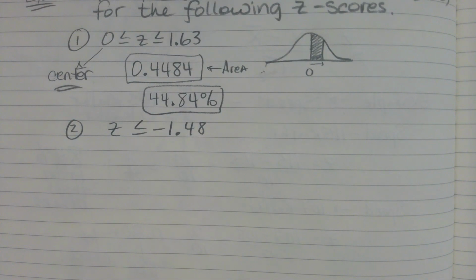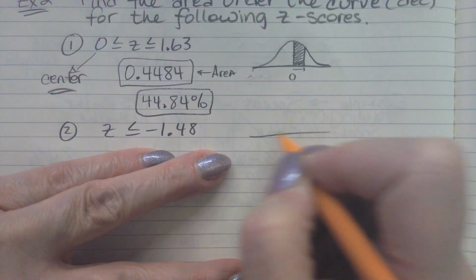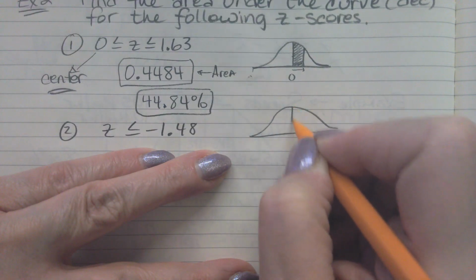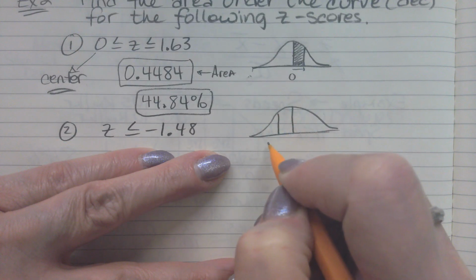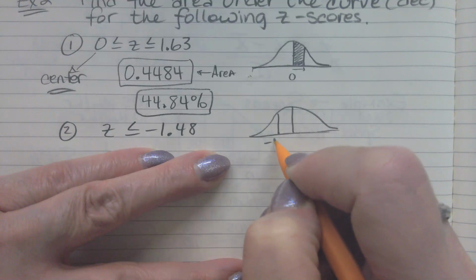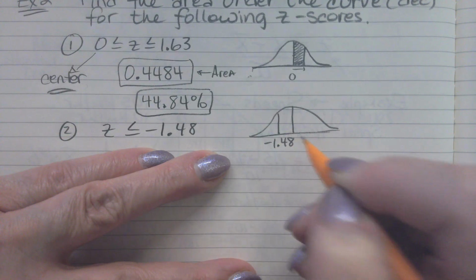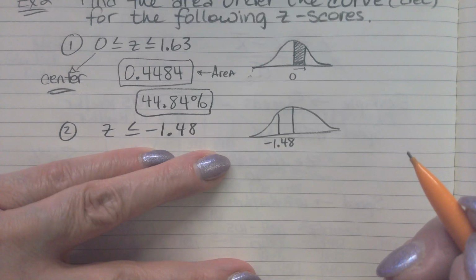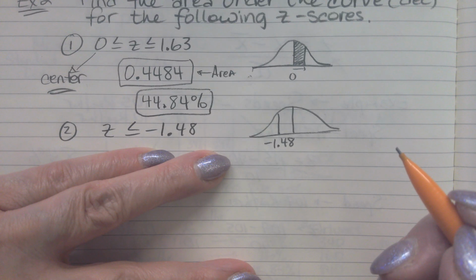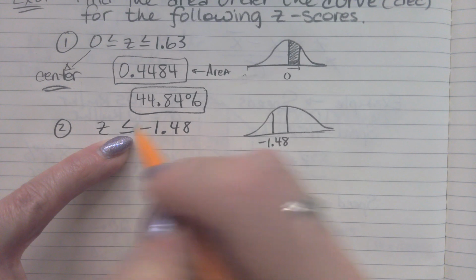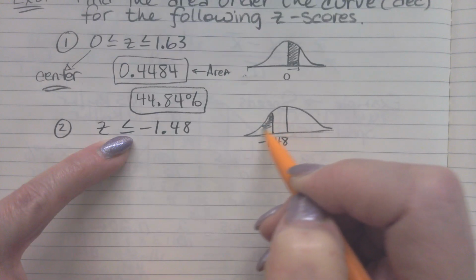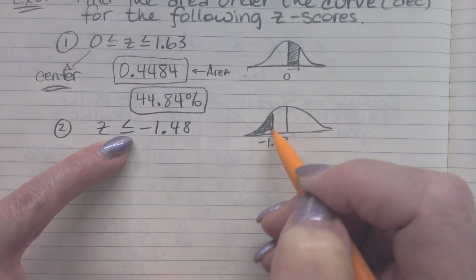So what does the negative tell me? It's on which side, left or right? Left. So if I'm drawing my little picture, put my mean in, somewhere over here. Negative 1.48 is right there. Now, what am I shading? From the center out to that line, or I want it less than that? So I would want this piece right here.